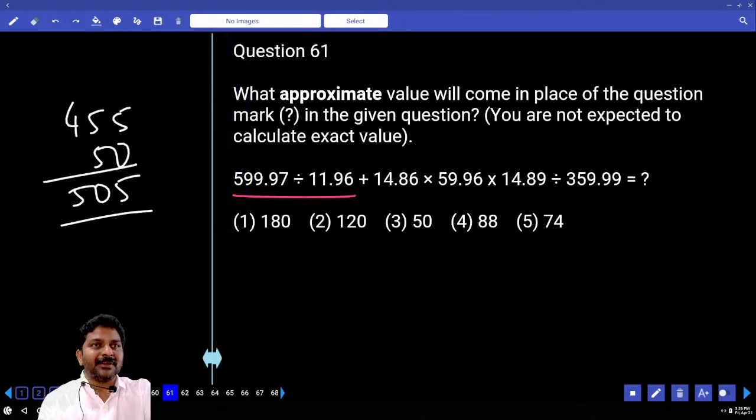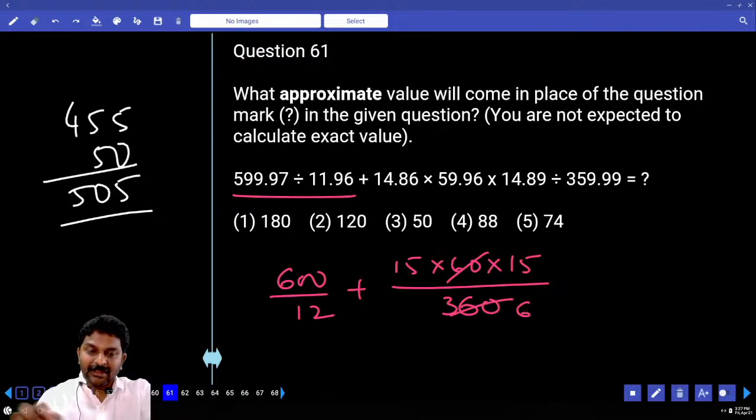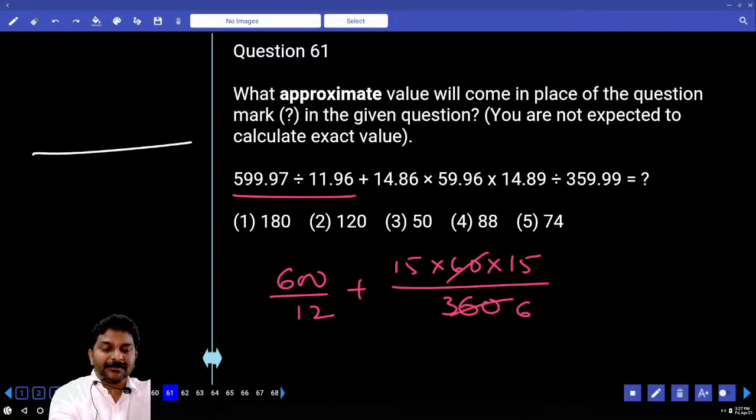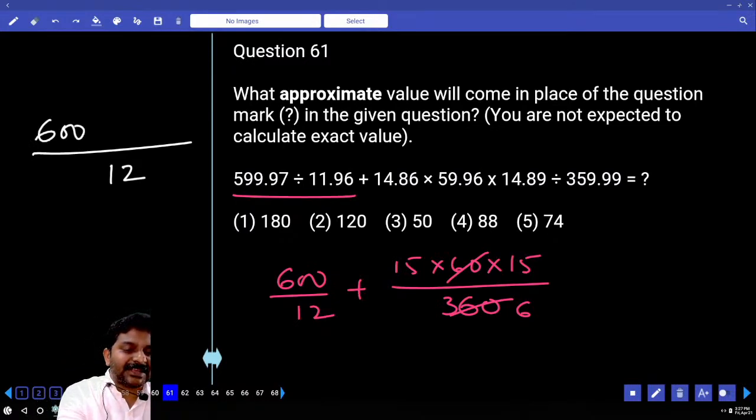600 divided by 12 only. 600 divided by 12 plus 15 into 60 into 15 divided by 360. 60 how many times? What is our first denominator? So I want to make the second denominator also 12. That means we have to multiply both numerator and denominator with 2. First numerator is 600. That will not change.